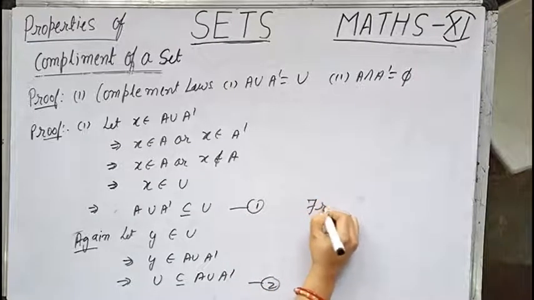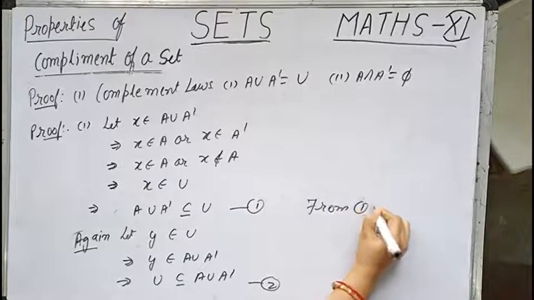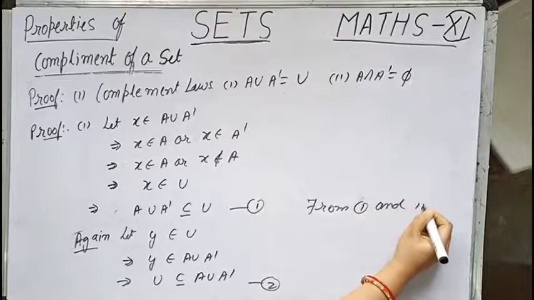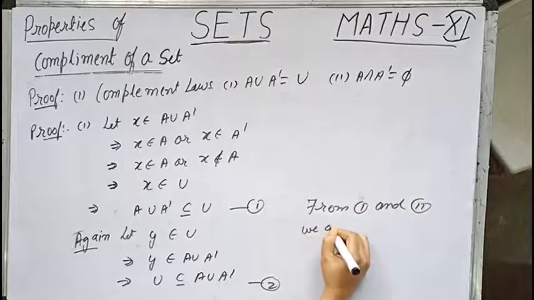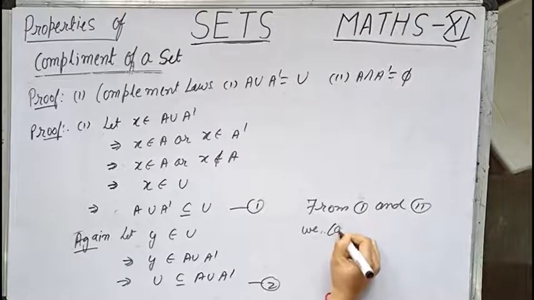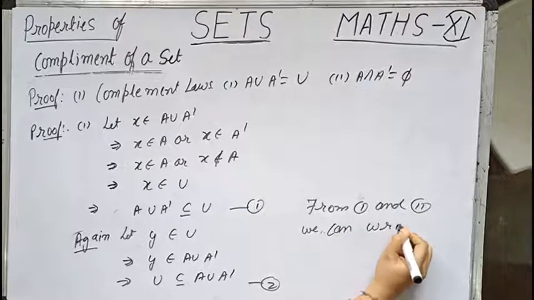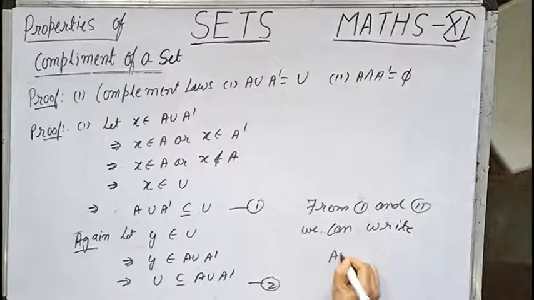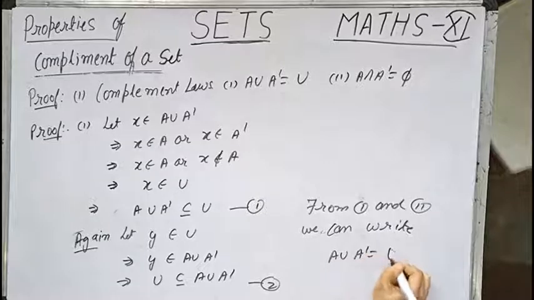So from 1 and 2 we can write A union A complement equals U. Similarly, we can do the proof of subpart number 2, A intersection A complement equals phi.